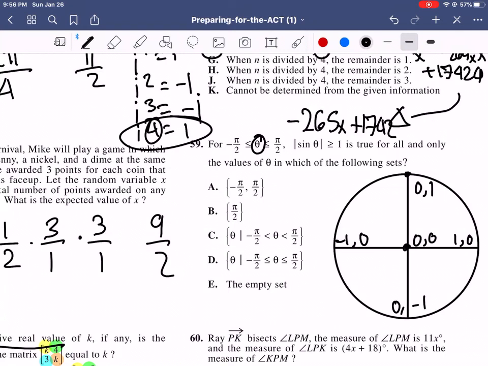I know that pi over 2 is this right here on the unit circle, and sine is y. X is cosine, y is sine. So this must be sine, and this must be sine.